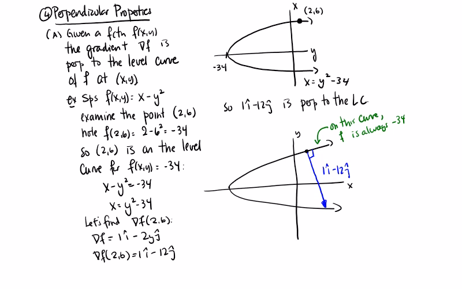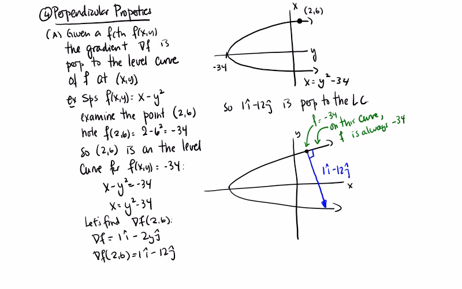It doesn't matter where you are, because it's the level curve for f equals negative 34. So for example, at the point 2, 6, f is negative 34. f is negative 34 everywhere.